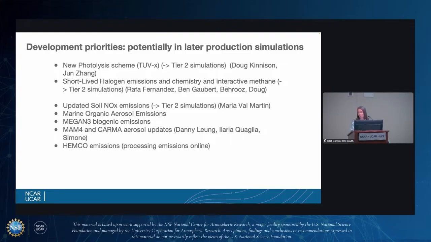Another thing is the interactive CO2 emissions and fire emissions. There's a lot more interactivity that we can put in the models and that we can get different answers. I think that will be really interesting and hopefully something we can all work on together as a community to contribute. So thoughts on that?